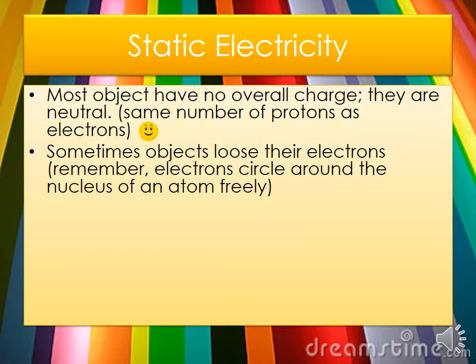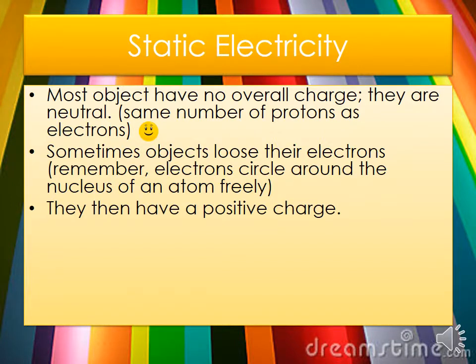Some atoms will hold on to their electrons and keep them close, while other objects have a loose hold on them and they can get transferred to a different atom quite easily. It depends on the element, and we will talk in a later chapter about which types of elements or atoms lose their electrons pretty easily.